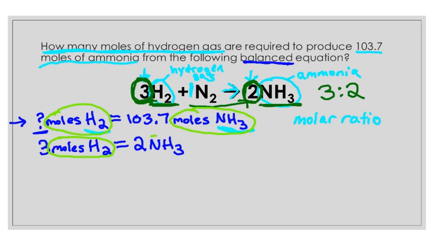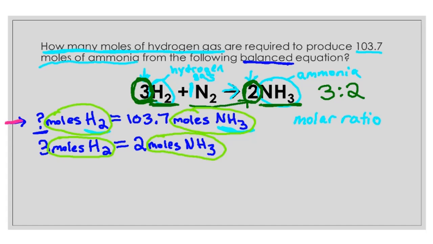I wrote it down differently, but it's the same thing. I'll erase this and write it the same way so it's not confusing. 2 moles of ammonia. So that's the second mention of moles of ammonia. So our data table is complete because we have 2 mentions of each thing in our equivalencies.